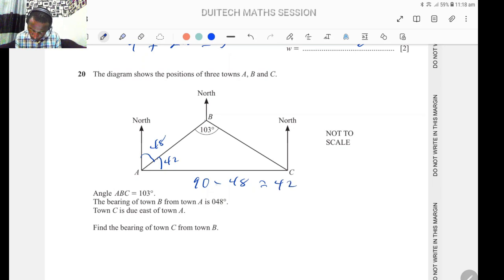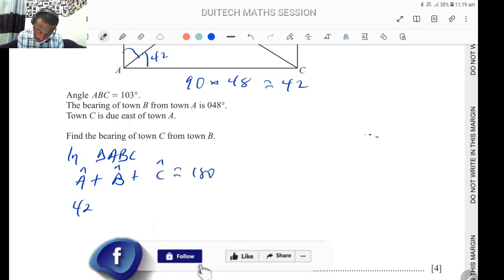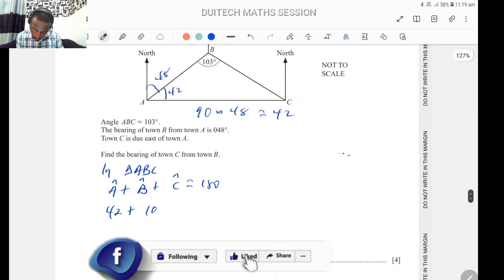Now in triangle ABC, angle at A plus angle at B plus angle at C is equal to 180. So A is 42 plus B is what? 103.